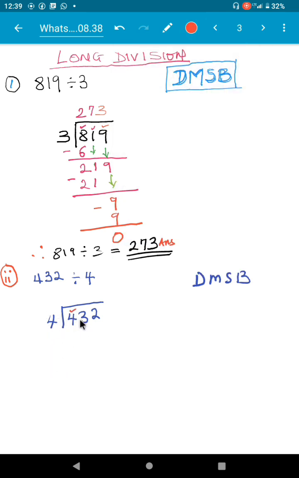First thing is division, so I'm going to say 4 divided 4, that's 1. If your number divides itself, it is 1, so you put the 1 here. Multiplication, 1 times 4, that's your 4. Next, subtract. 4 minus 4 is 0, so we are done with that.